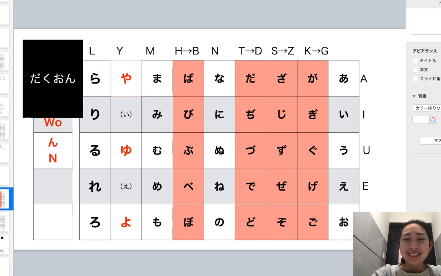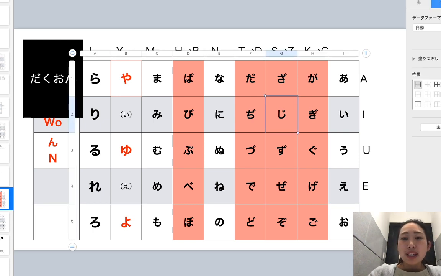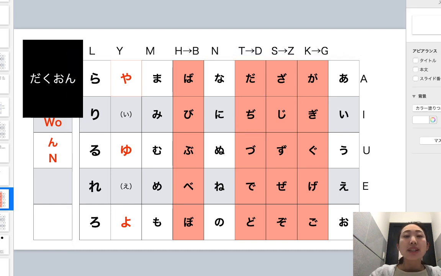Great. And the next one, T sounds to D sounds. Da, ji, zu, de, do. And this ji and zu in the Z sounds and this ji and zu in the D sounds sound the same. We pronounce them as the same sound.